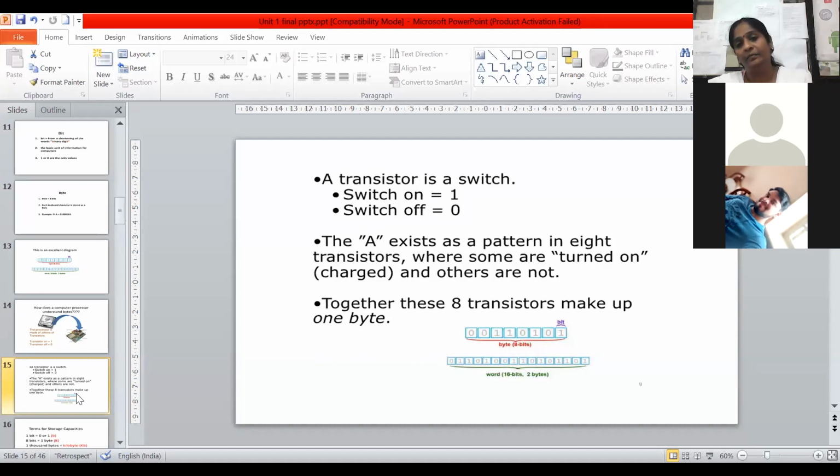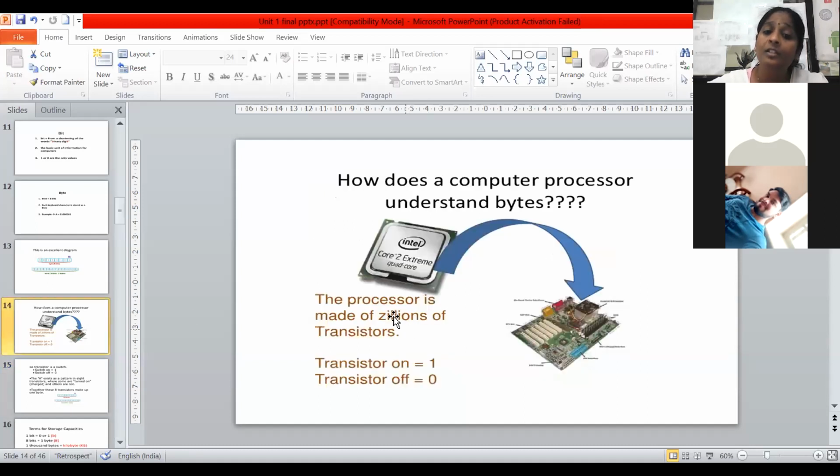Okay, but 1 bit means 1 transistor. Then 32 bits mean how many transistors are required? 32. Yes, very correct. We required 32 transistors to store the data. So in the last slide, as I told you, the processor is made up of zillions of transistors.